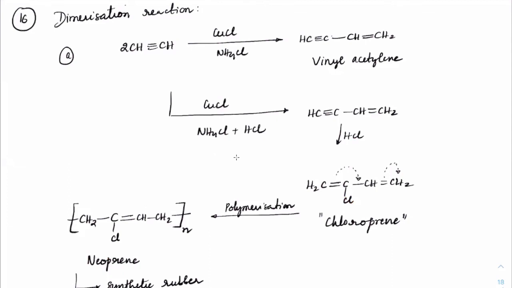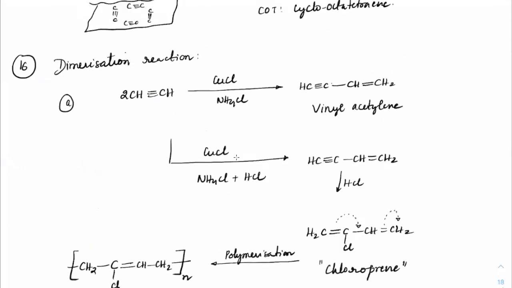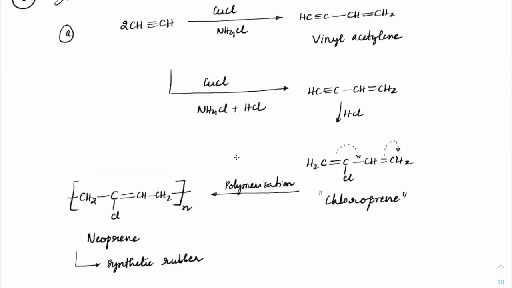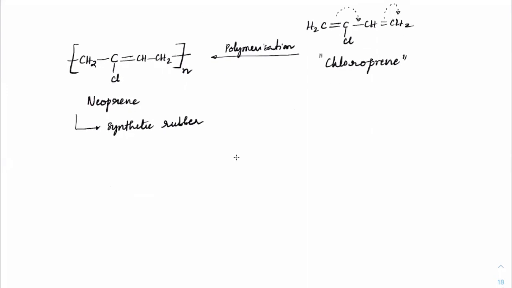Clear, everybody? Let's see how the mechanism works here. So far, I hope all of you understood what this is. Now let's see the mechanism. First we have CH triple bond CH, and we have NH4 plus. I'll write NH4 plus as NH3 H and plus here.